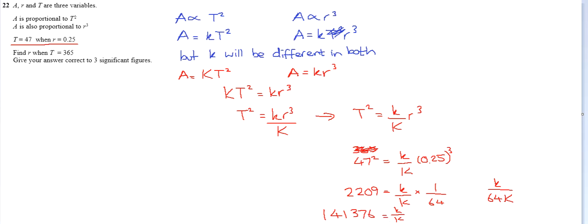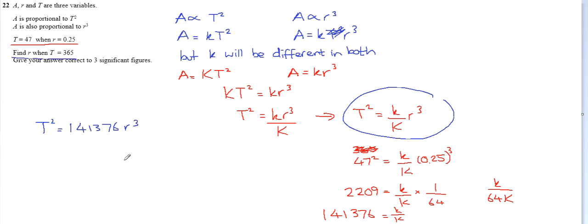Okay. So normally when we do these, we would then rewrite. So I'm going to use this formula, but rewrite. So t squared is equal to 141,376 r cubed. So now let's finish off. So find r when t is 365. Okay, so 365 squared is going to be equal to that.